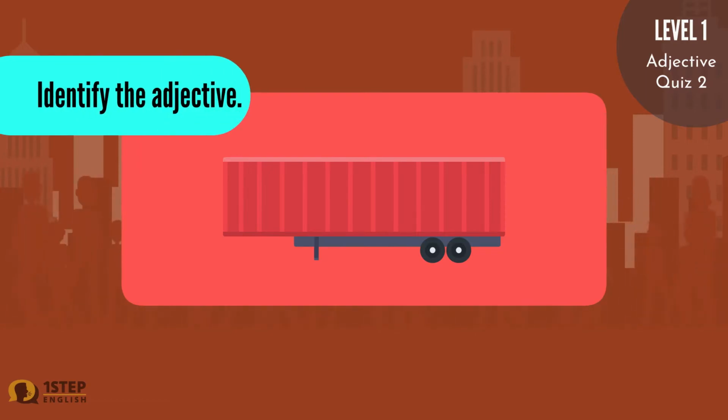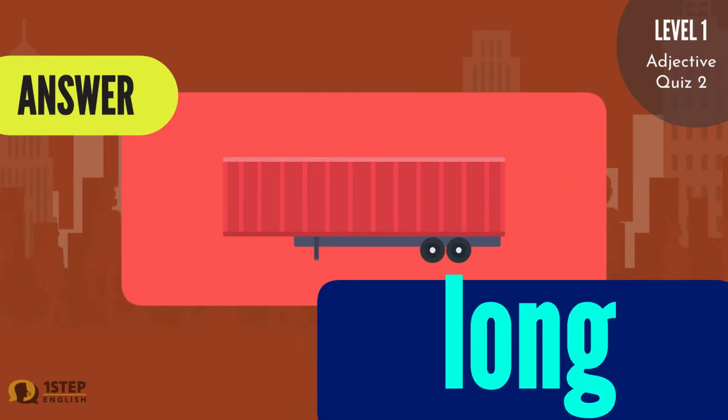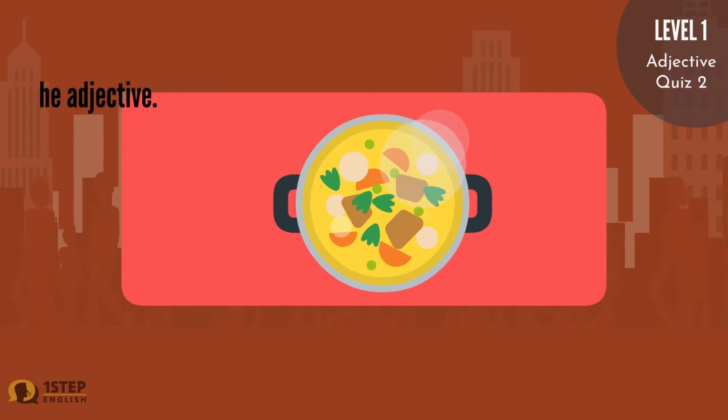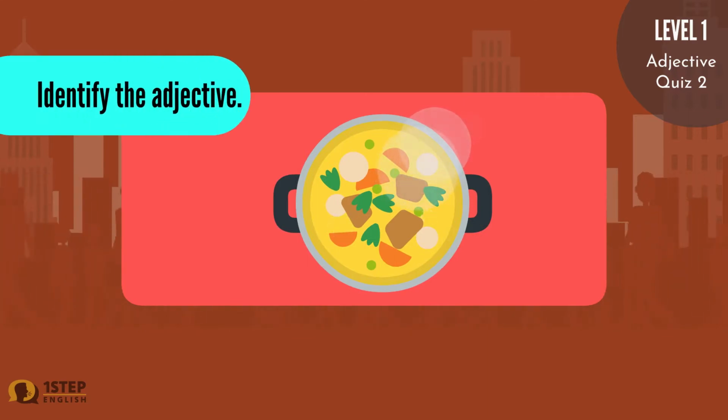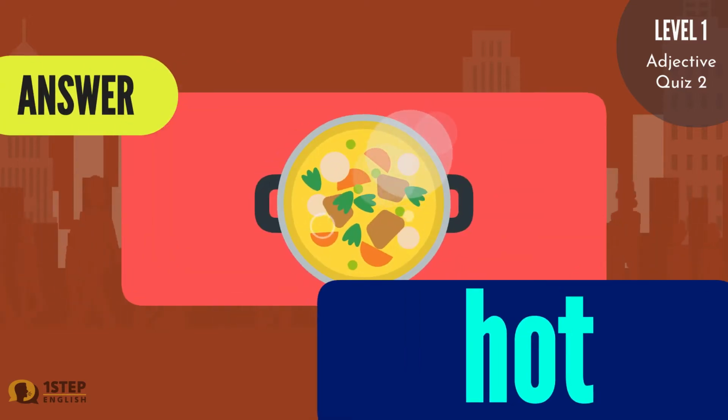The truck container is? The correct answer is long. The truck container is long. The soup is? The correct answer is hot. The soup is hot.